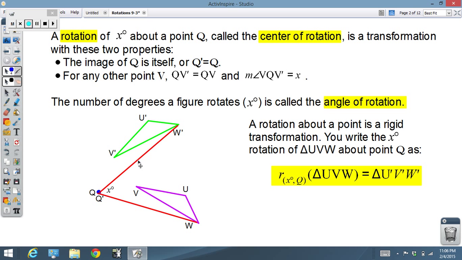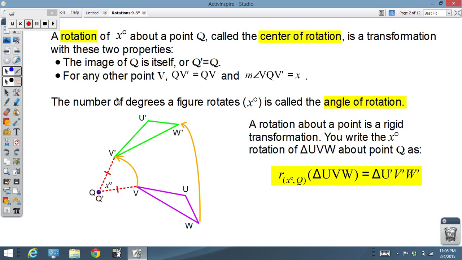W moved the same amount, and these two red lines would also be congruent. So there's the line showing W Q W prime, and going back to our original picture, here's V Q V prime, same angle for every point.